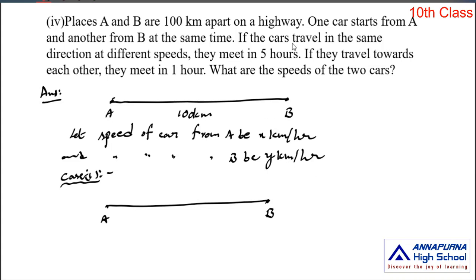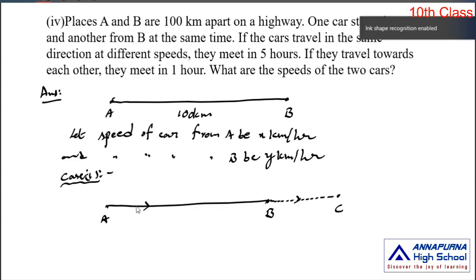In the first case these two cars travel in the same direction. That means car A moves to the right side, and car B also moves to the right side, and they meet at a point C.